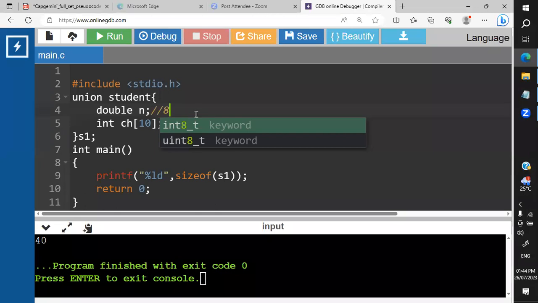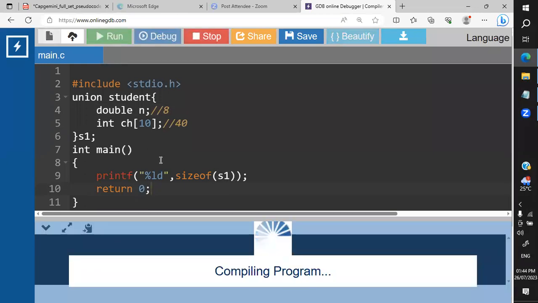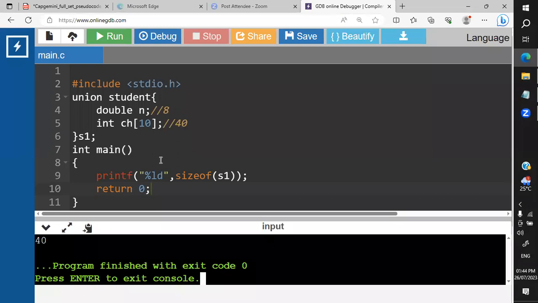Is it possible? That's right, 8 fives are 40. That's why it will allocate only 40 bytes. If it was not possible, then it would have allocated 8, 8, 8, 8 separately and then checked that manually. But 40 is possible in multiples of 8. That's why it will allocate 40. Understood that? Clear, I hope?